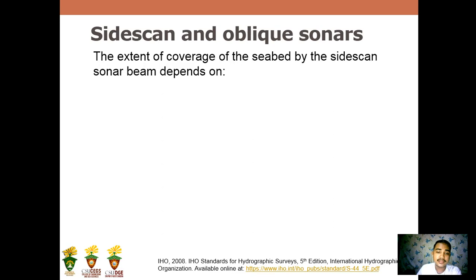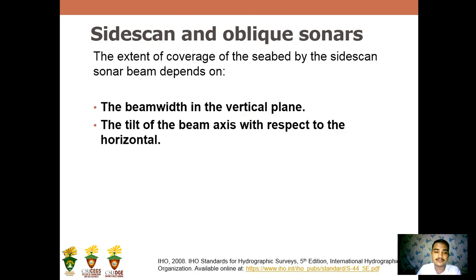Then the extent of the coverage of the seabed by side scan sonar depends on, first, the beam width on the vertical plane. So katong 30 degrees. So kung mas mali imong pagka measure or mas dakuan nimo or mas gamayan nimo ang iyahang degrees, dili siya based sa standard, so maka apekto gid siya sa extent or ang coverage nga makuha nimo sa information.